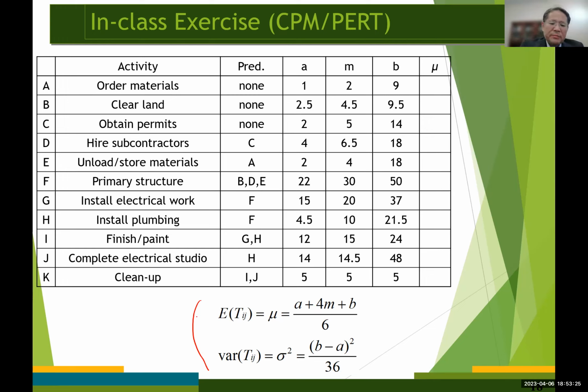So this time, let's just use this first formula, okay? So how much is that for this value? That's going to be 1 plus 4 times 2 plus 9, divided by 6.